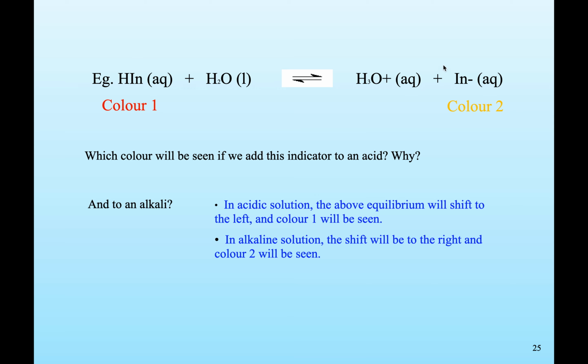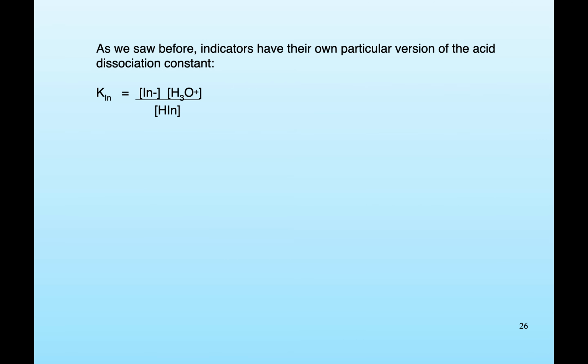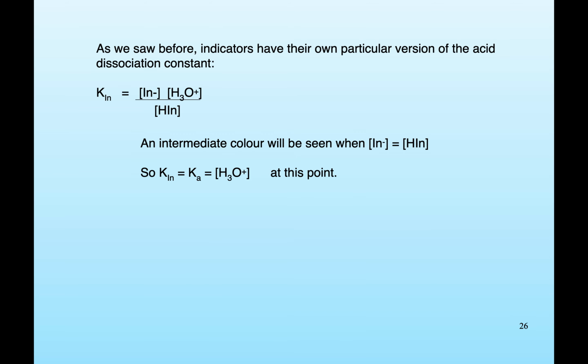And if you add to an alkali, the alkali reacts with the oxonium ions, shifting the equilibrium to the right. Okay, that's that. So an intermediate color will be seen. So 50-50, remember, in the above case, this was red and this was yellow. So we'll see an orange color when these two are equal.